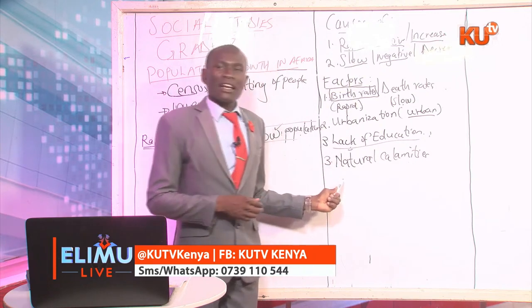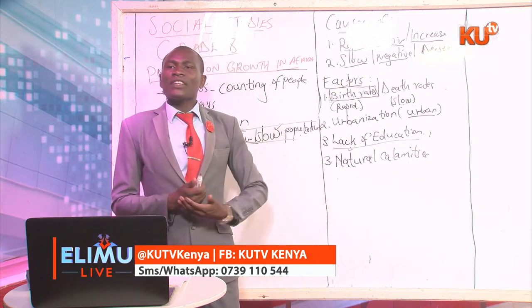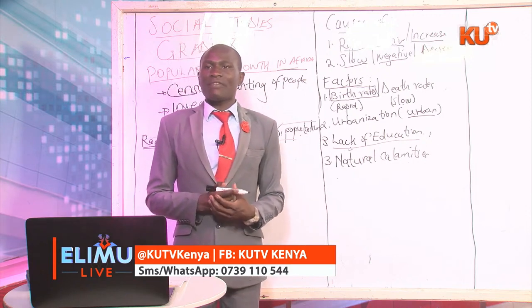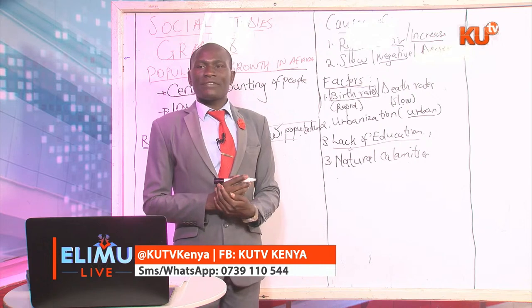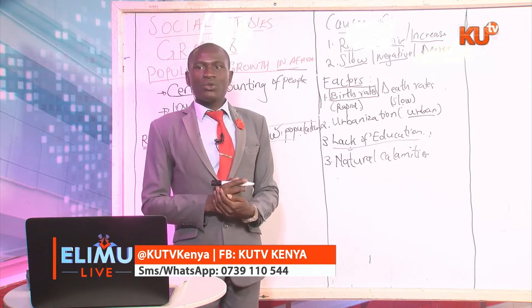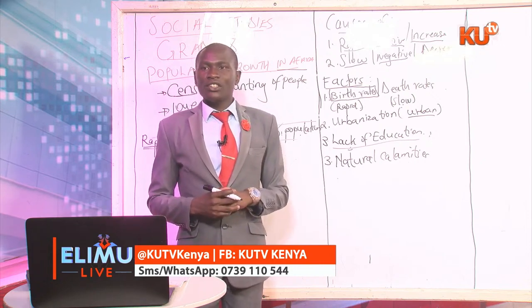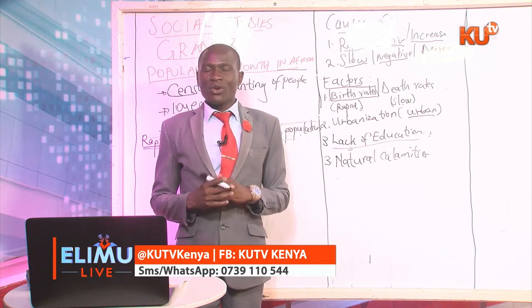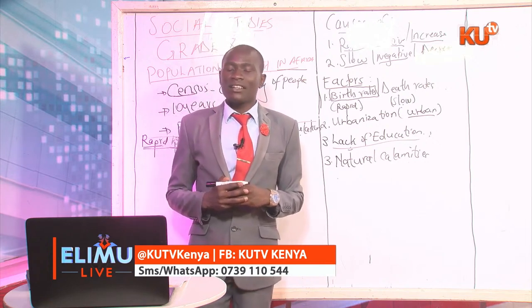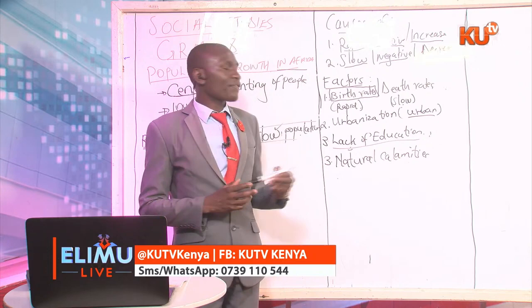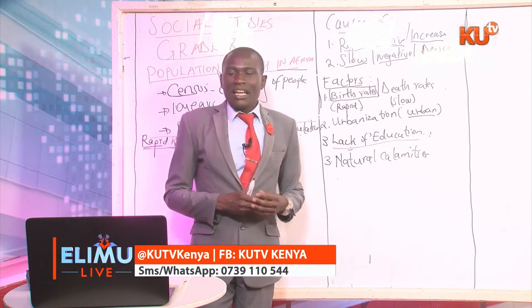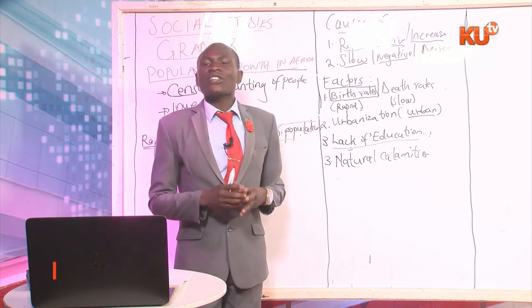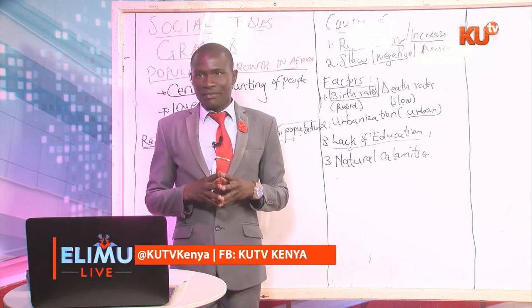Let us go to natural calamities. What are some of the natural calamities that affect Africa? Use the number that is on your screen to give us your answer. Now, there are so many natural calamities that affect Africa.